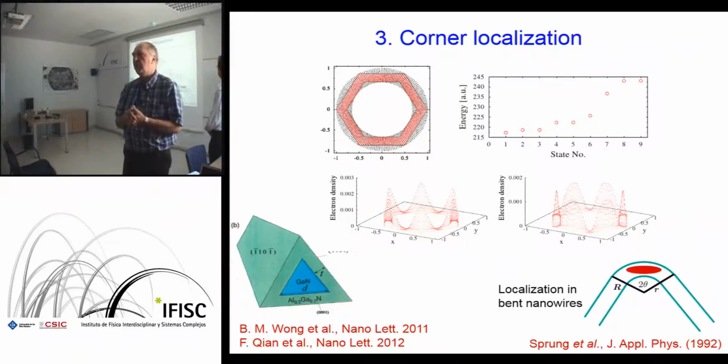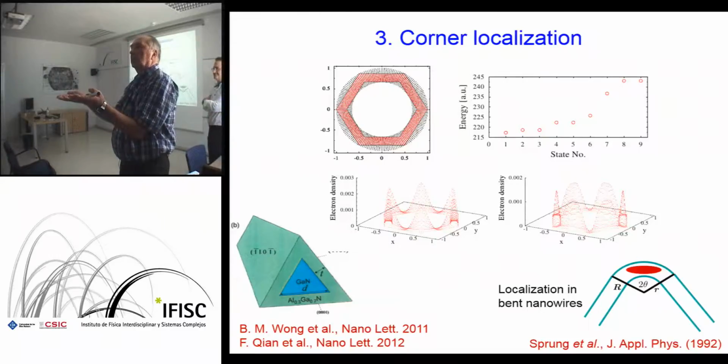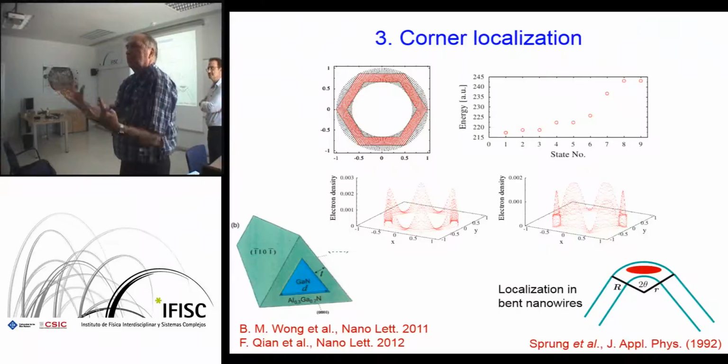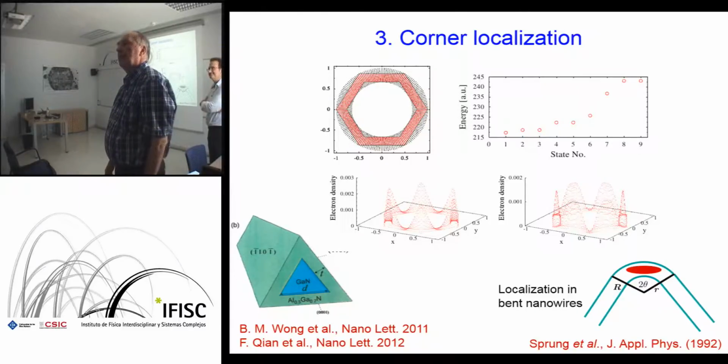But if you have corners, it won't rotate, so it has to go in the corners. The side states have more.